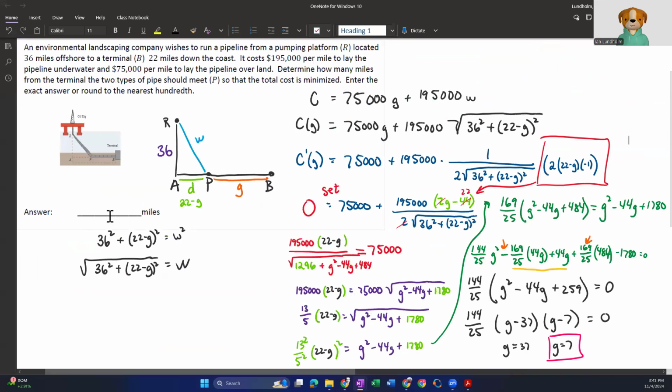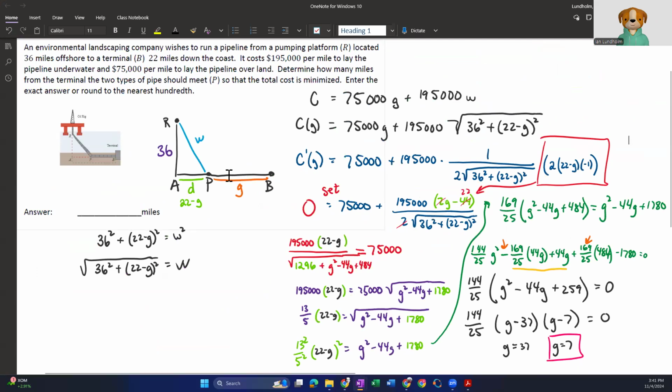Okay. This is only 22 long. So how many miles away from the terminal? The answer is G. Or sorry, the answer is 7.